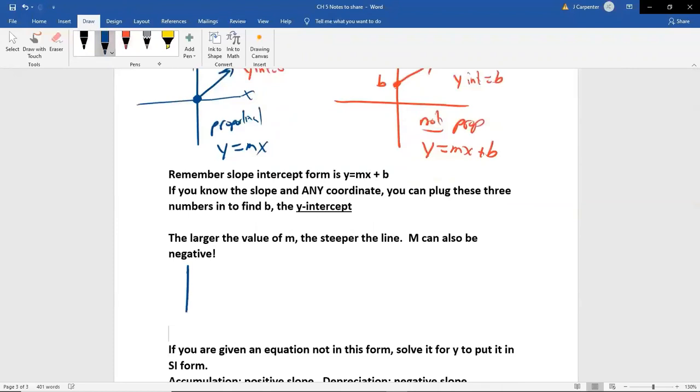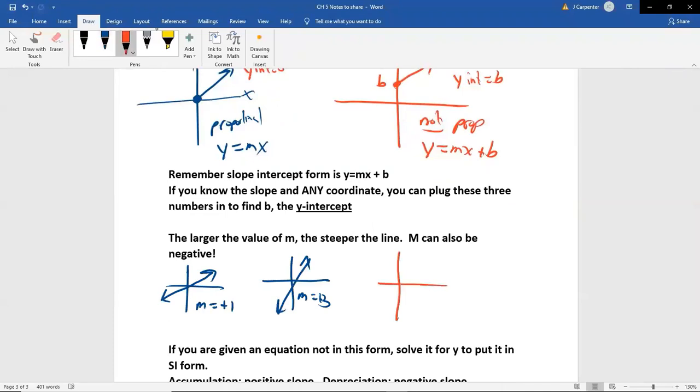If we have a line that looks like maybe this, let's say this slope is +1. I'm going to specifically write the positive. You normally don't, but I'm just being meticulous. Then maybe this steeper line would have a slope of, say, +3. Or maybe your line is pointing down.